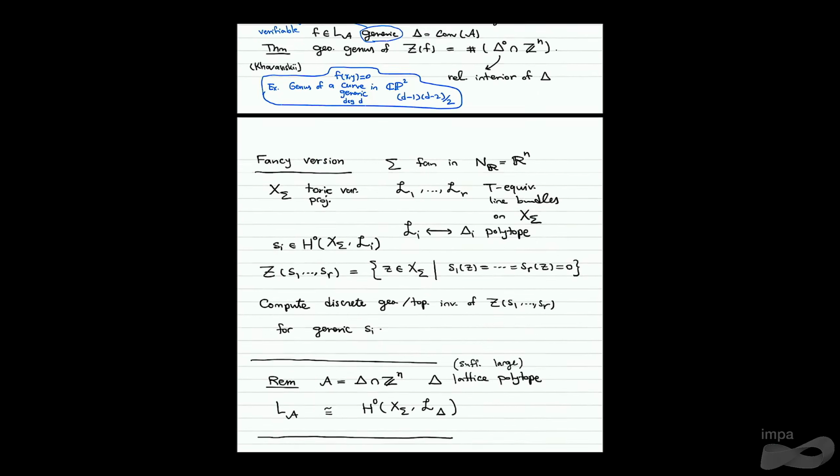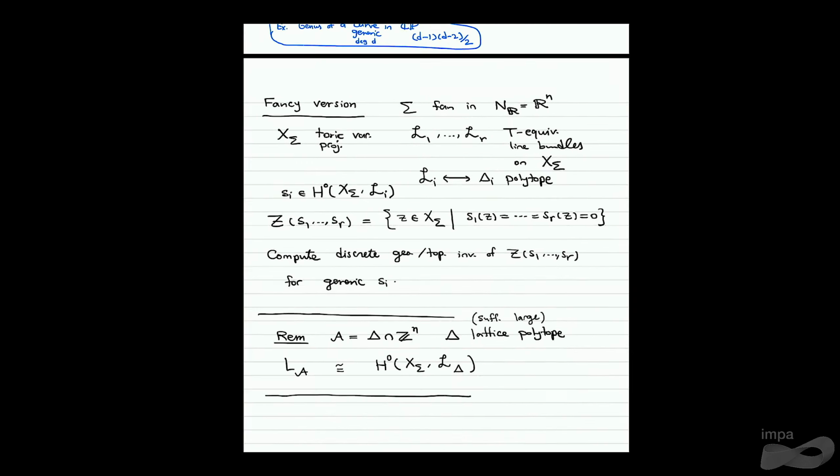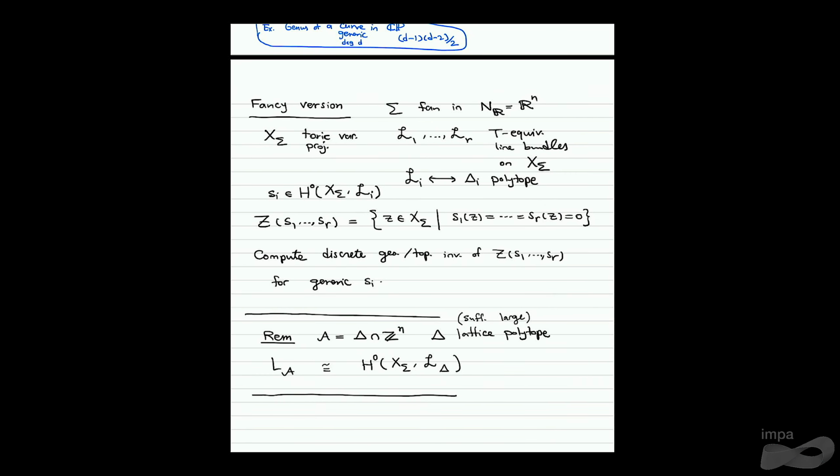As I mentioned briefly, the fancy version of this story is that you have a toric variety corresponding to a bunch of polytopes with normal fan. Each one defines an ample line bundle on the toric variety, and then you are looking at a subvariety defined by generic sections of these line bundles, which is a complete intersection.